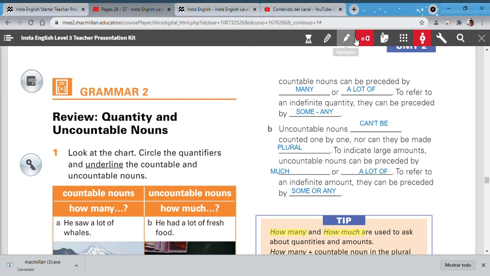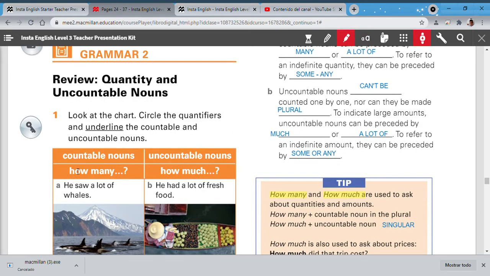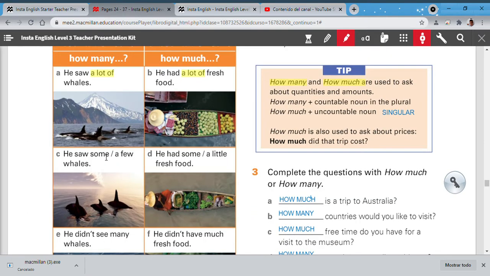Okay, let's see. When I say quantifiers, it's like, for example, a lot of. Here also is a lot of. We say some or few. Some, a few, some, little.